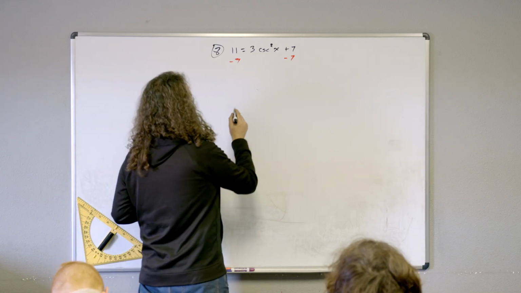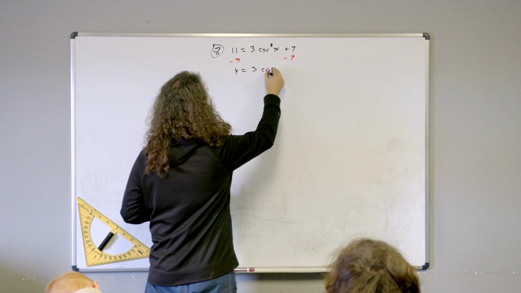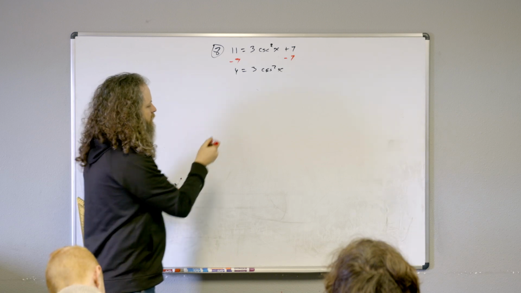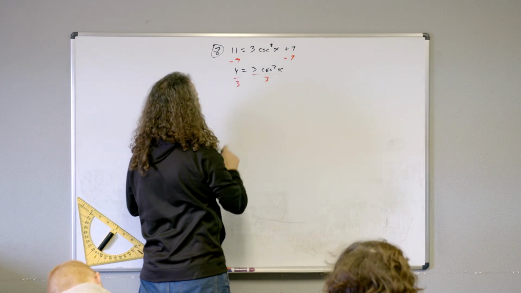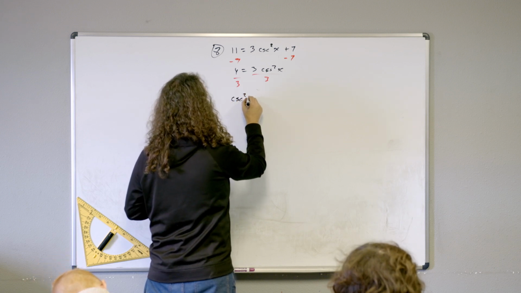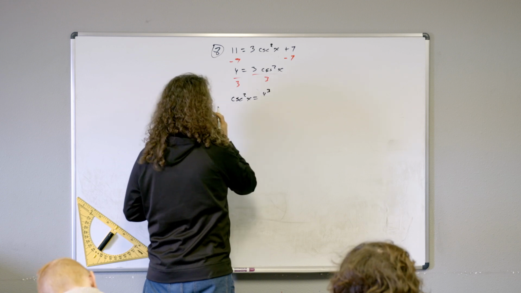Probably. 11 minus 7 is 4 equals 3 cosecant squared x. Divide by 3, and we end up with the cosecant squared x equals 4/3.